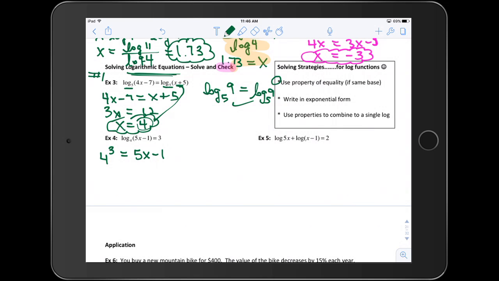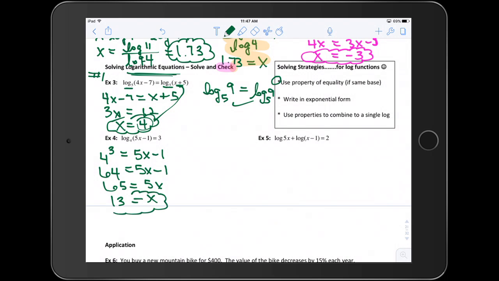So at this point, you could just solve that as a nice linear equation where 4 cubed is 64, and then solve it from there. So we have 5x minus 1, 65 equals 5x. So we have x equals 13.